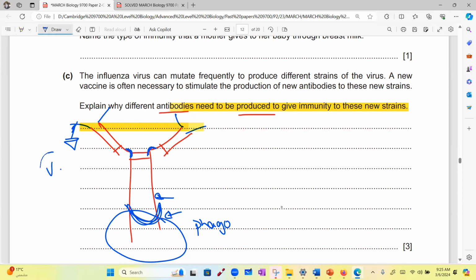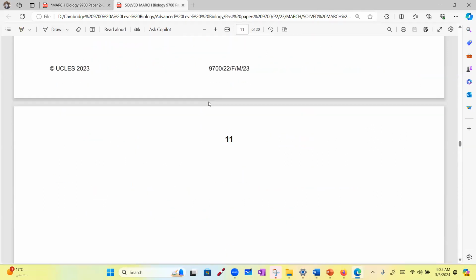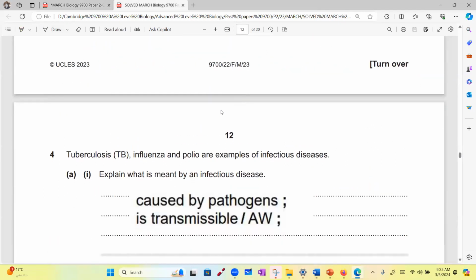This variable region is variable because it has a different sequence of what? Amino acids, and it's unique for every antigen. That's why we have different antibodies for different antigens, because we have different variables. Four variables is 1, 2, 3, 4, and 2 antigen antibody binding sites. Okay? Good.